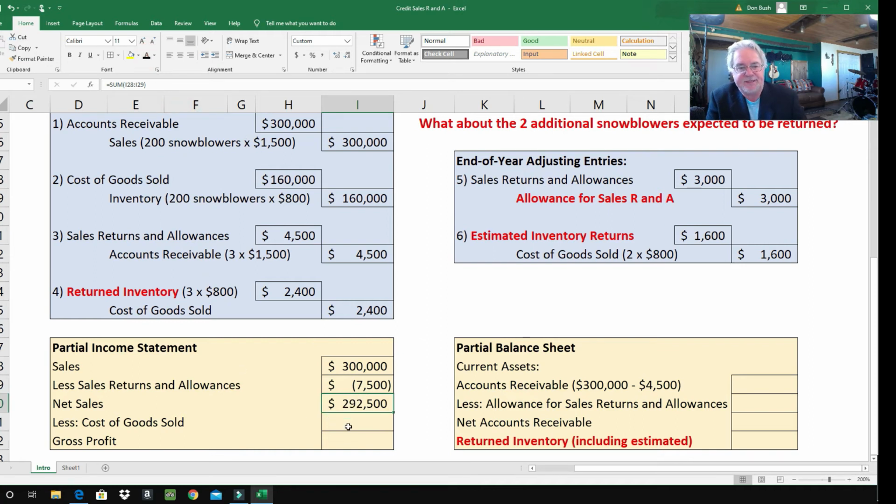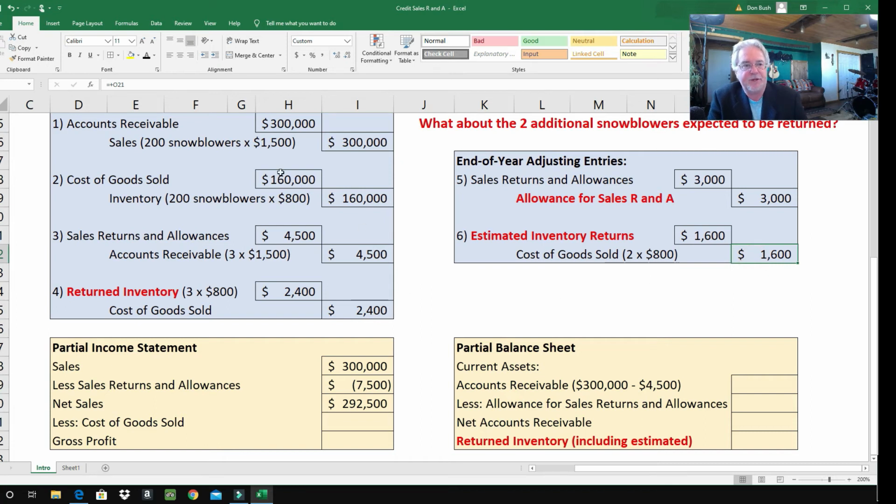So net sales is simply going to be the difference between these 2 numbers: $292,500, minus cost of goods sold. Cost of goods sold once again is an expense. So cost of goods sold, $160,000. But I'm going to reduce that cost of goods sold by $2,400. That's the cost of those 3 snowblowers that were returned. And I'm going to reduce cost of goods sold by the cost of the 2 snowblowers yet to be returned.